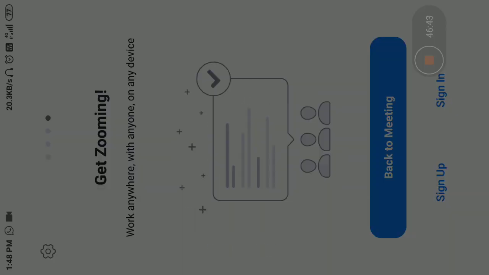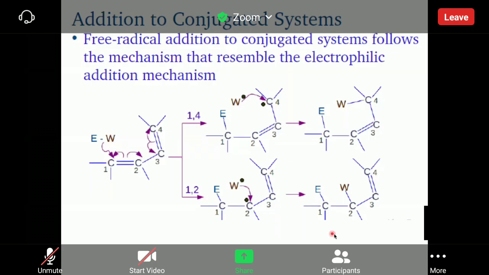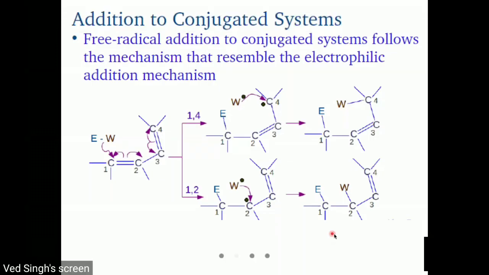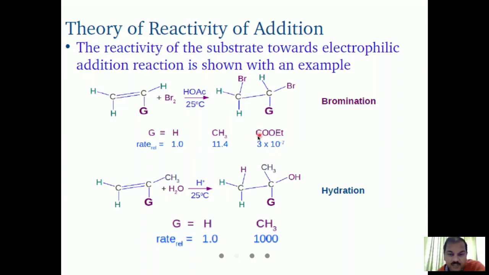The value is 10 power minus 7, not high. This is very less, so it means an electron withdrawing group is there, and the reaction is slower and slower.